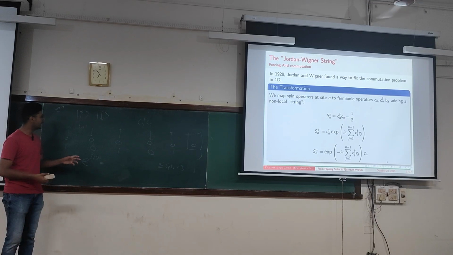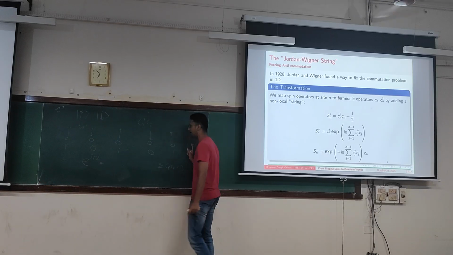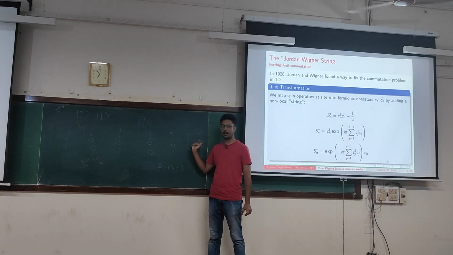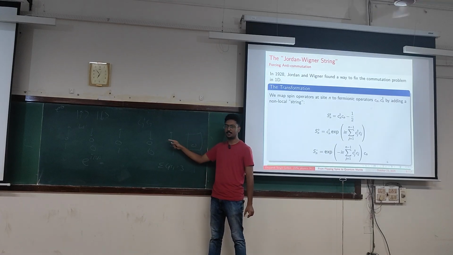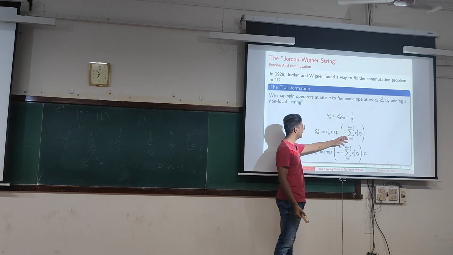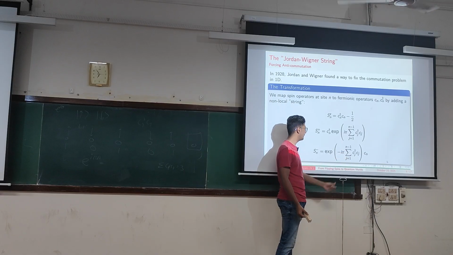So all it will tell is the parity of spins before the jth site. It is just telling how many ups and downs there are before the jth site, the parity of it. So we multiply this, this is a parity operator.